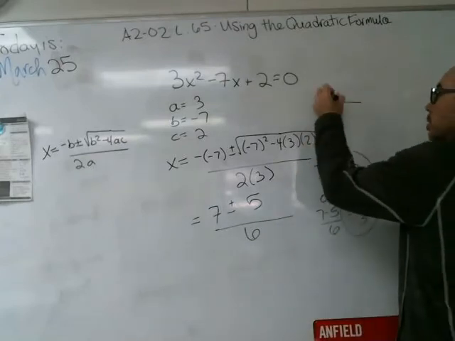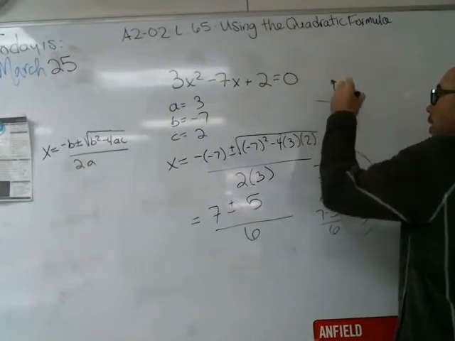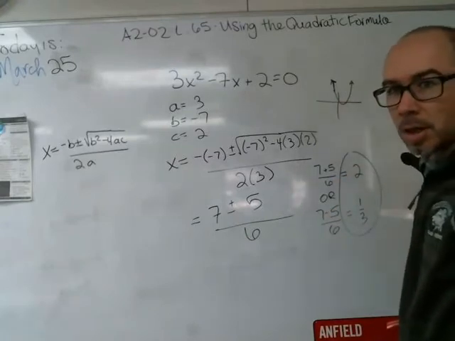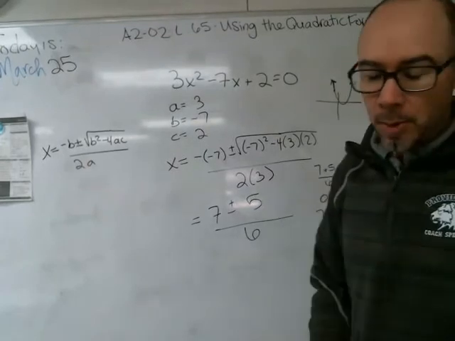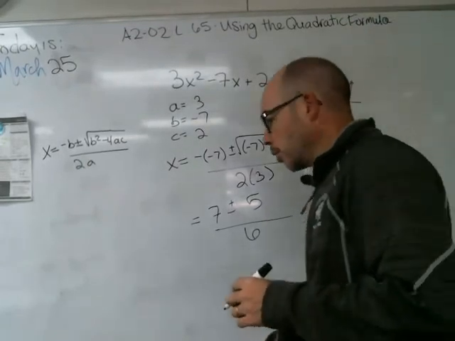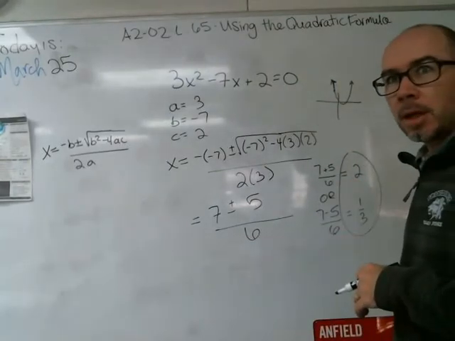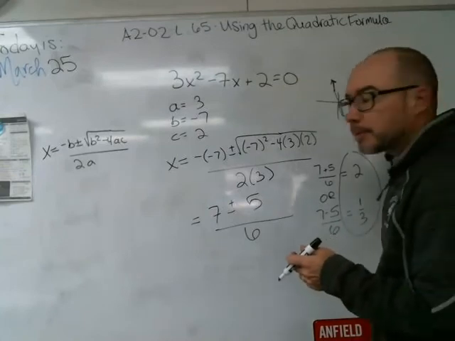This picture must go something like this. You can verify that by graphing it on your calculator, but it should cross at 1/3 and it should cross at 2. Two real number answers for that one, 2 and 1/3. Those are the roots or the solutions, the x values, zeros, I guess this is the thing that we call it.